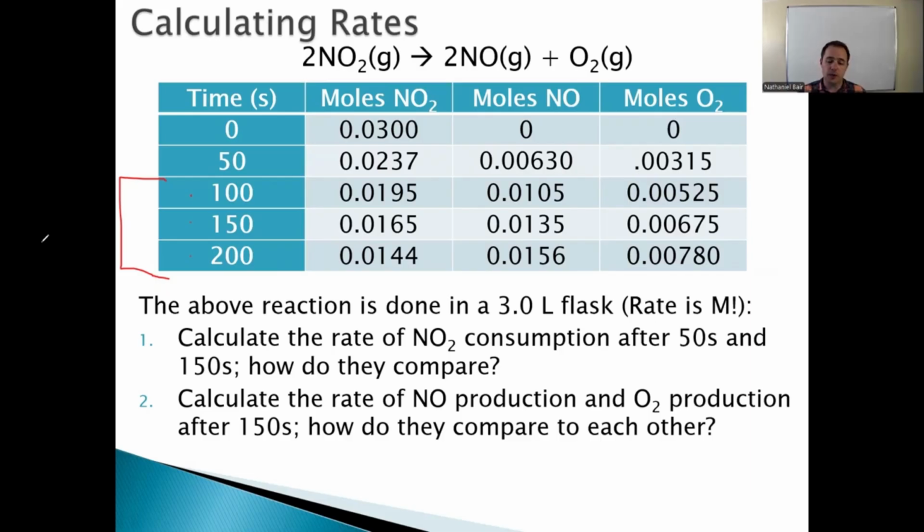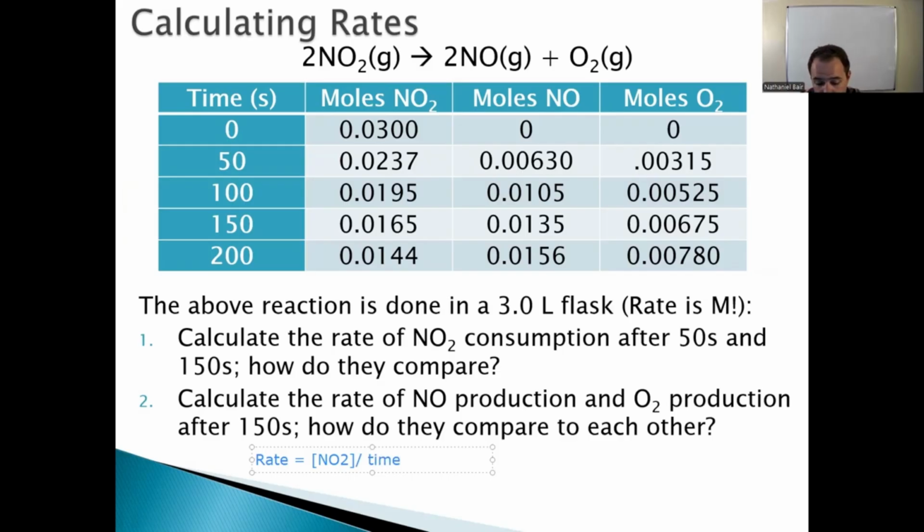What I actually want to do is calculate some rates. Now, rate is the change in the concentration of the thing versus the change in time. And concentration, folks, is molarity.